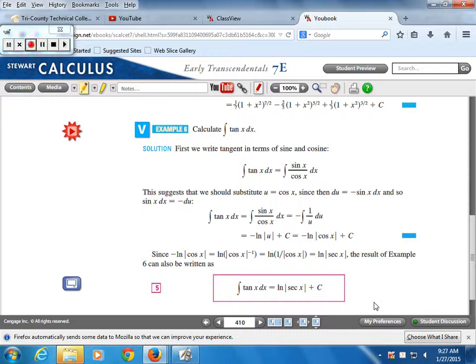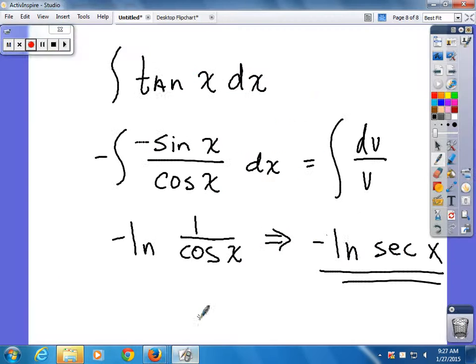Except it's not the negative, sorry. I got that mixed up. And then you can put absolute values right there, yep. Because you can't take the natural log of a what? Dang old negative. Again, they're using substitution. And that's all they're trying to get you to see is substitution.